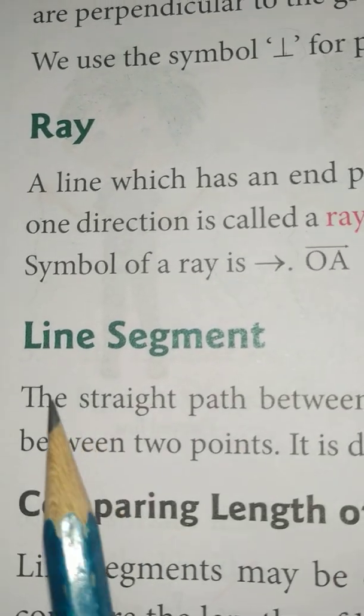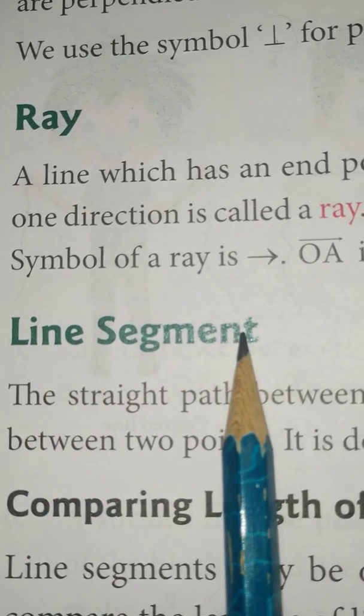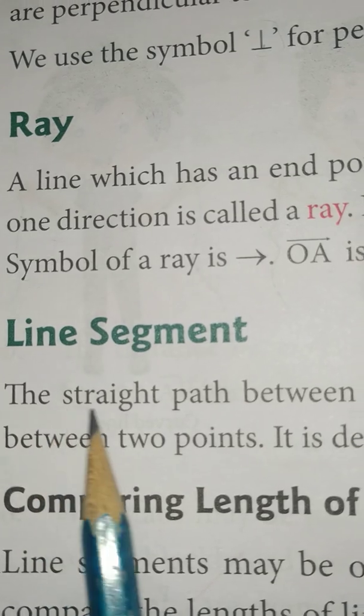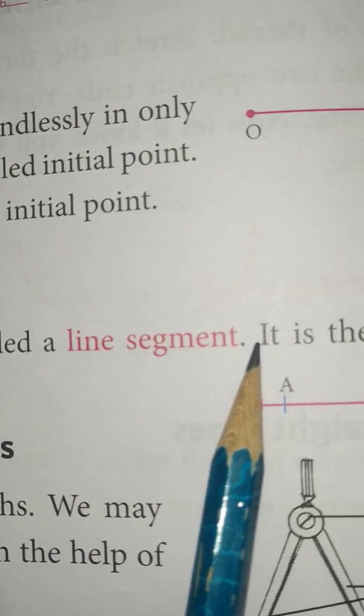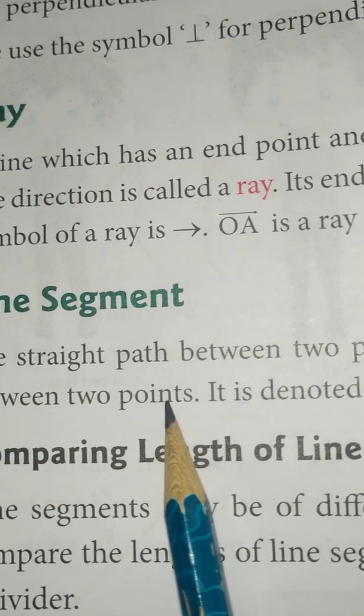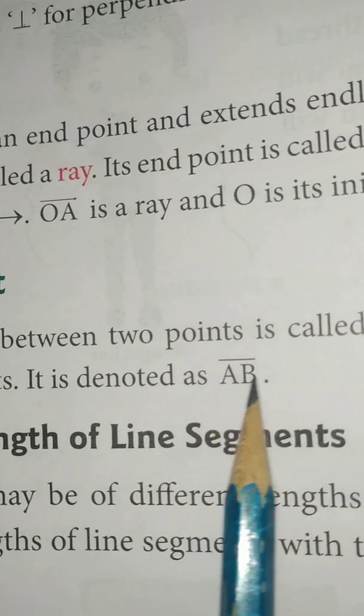Okay, now the last one is the line segment. So what is a line segment? The straight path between 2 points is called a line segment. It is the shortest path between 2 points. It is denoted as AB.